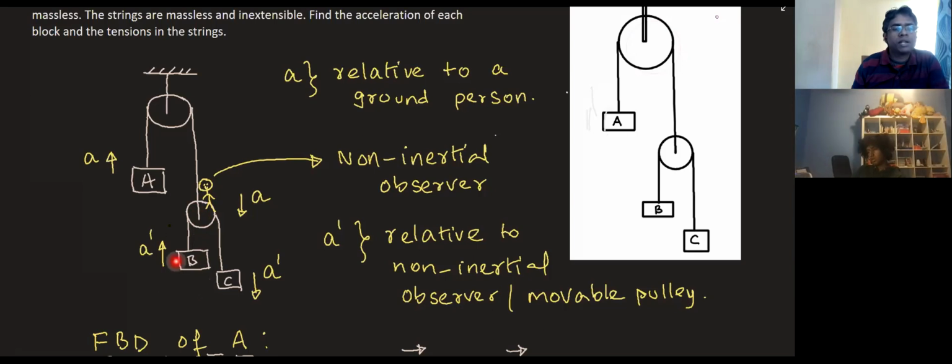But relative to the pulley, what is happening? Because there is no adhesive placed, B is actually moving relative to the pulley. So that means B is also moving up. I think you are right in terms of the magnitude.